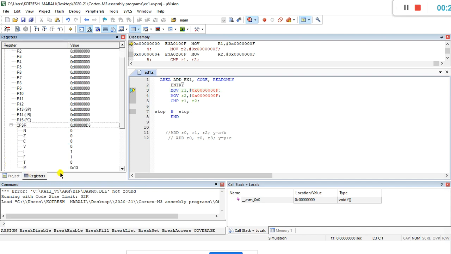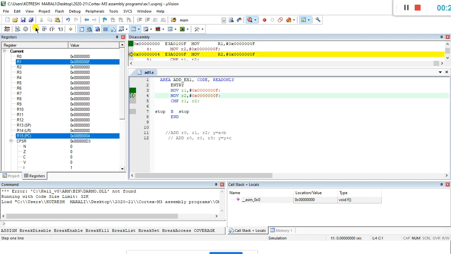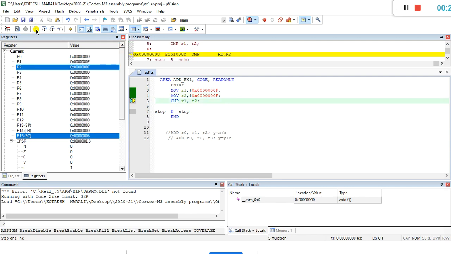Right now, observe the status flags, all are zero. Now just run the program. Go for step-by-step execution. It is always preferred to go for step-by-step execution at the learning stage. Now we received two immediate data in R1 and R2. Now it performs.